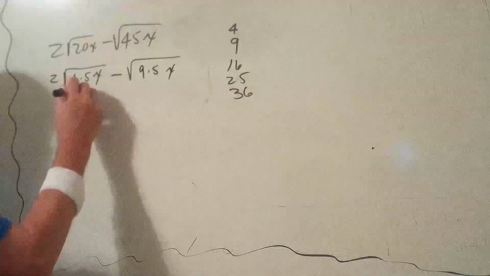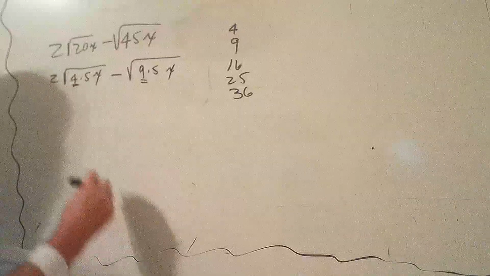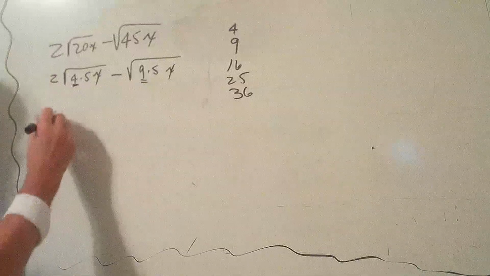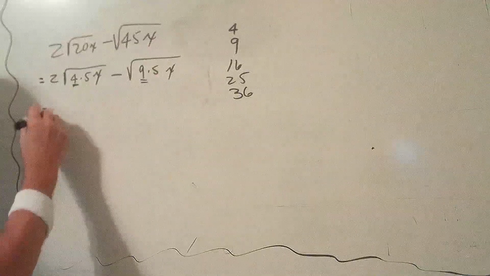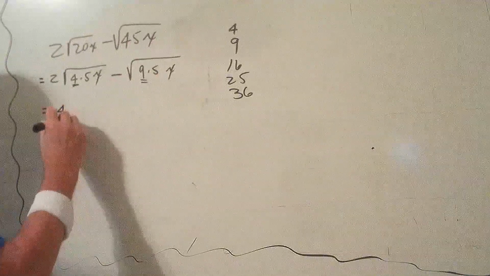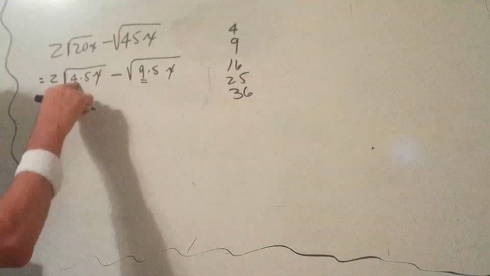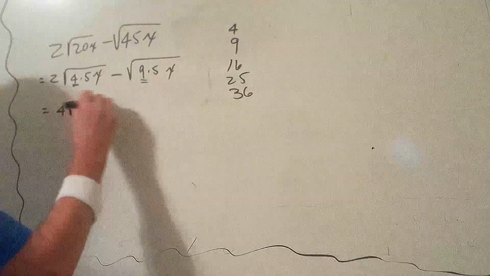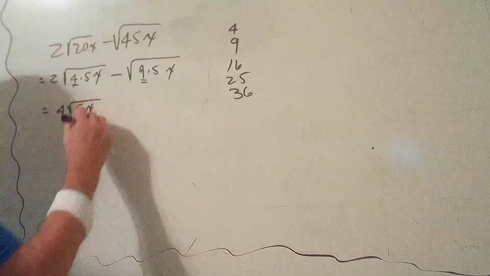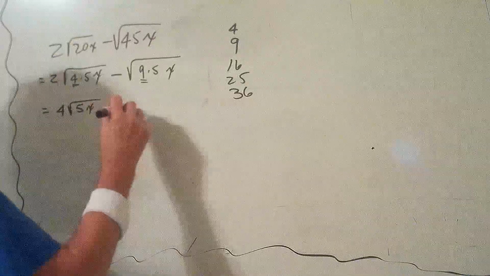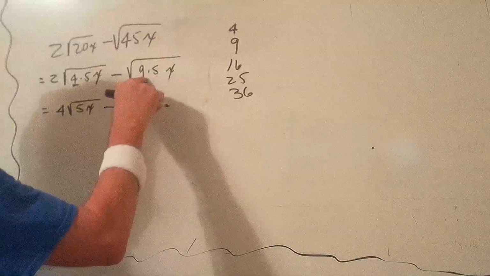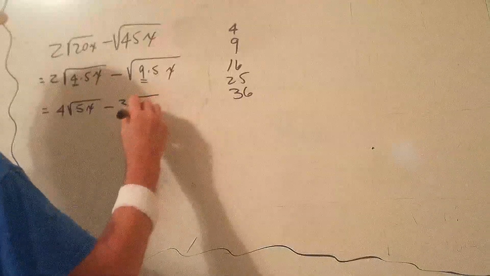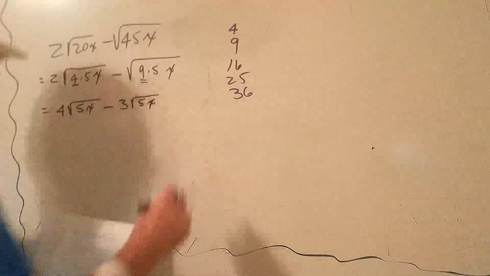Now, we can take the square root of 4 and we can take the square root of 9. Square root of 4 is 2, and 2 times 2 is 4, 4 times the square root of 5x, minus, the square root of 9 is 3, so it comes out of the radical. 3 times the square root of 5, and again, don't forget the x.